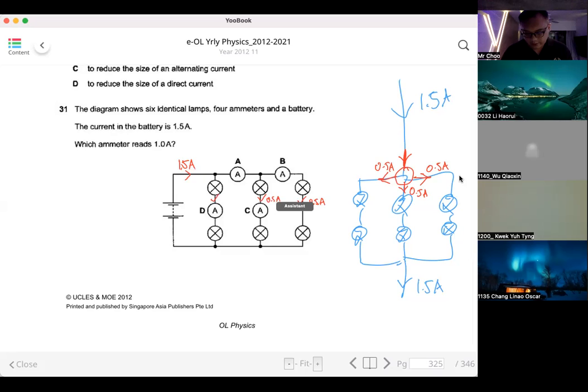Are you clear about that? So D and C will be wrong. Which one of these answers will be correct, A or B? Are you clear about this now? When I explain like this, is it helpful? If you think it's helpful, give me a yes reaction. If I make you more confused, give me a no reaction.